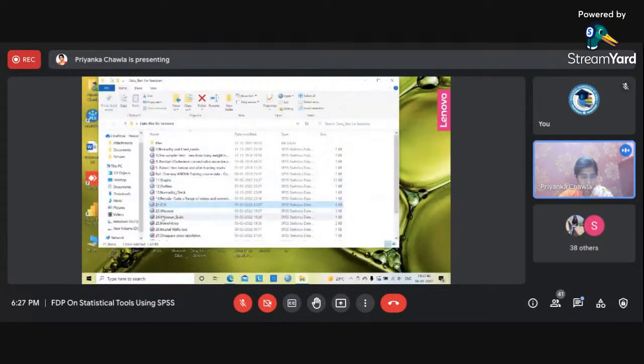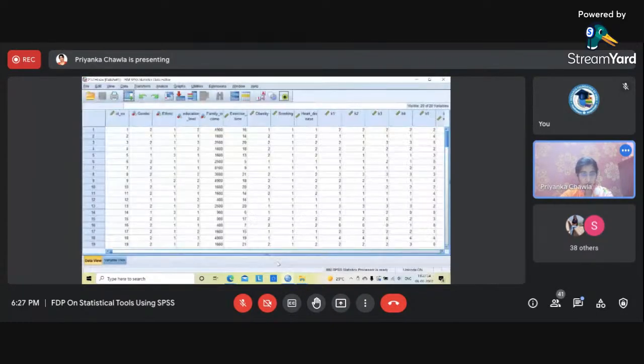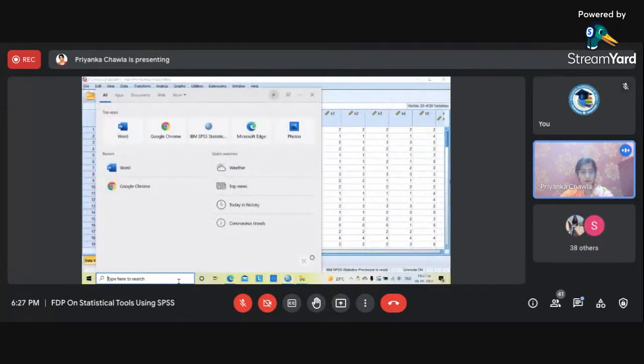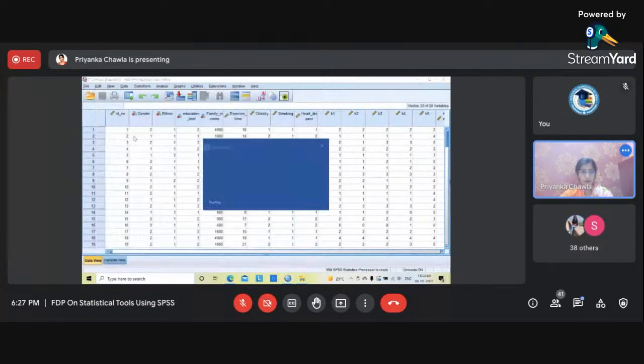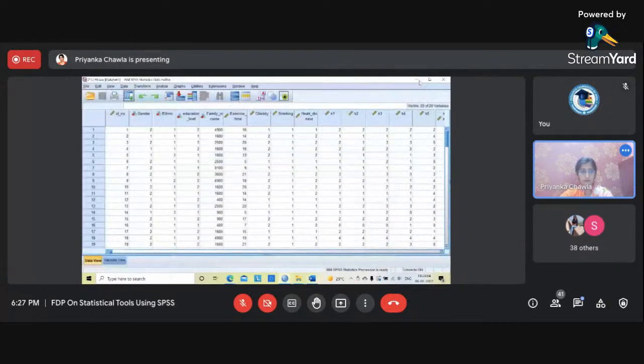Here I'll be opening this data set. Do you know how to describe data? This is the data set. Here you can see gender in the nominal scale.